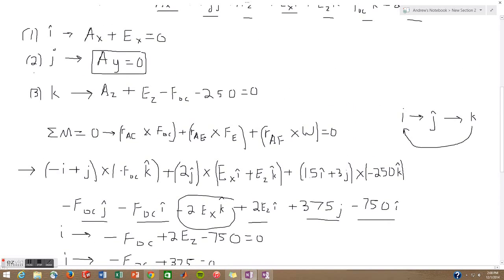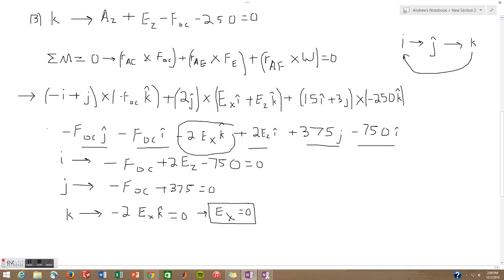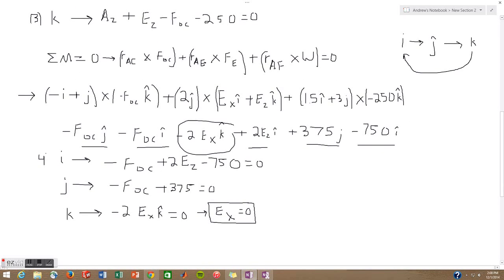So now at this point, we have three previous equations. Here's our equation 4, 5, and 6.